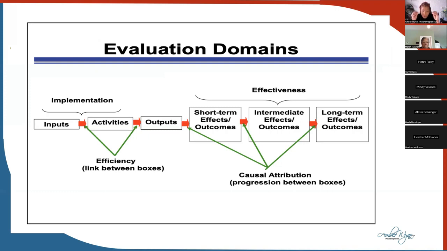And then what should happen, that causal attribution, is that you'll see an increase in services, and then you'll see an increase in whatever that particular thing is in your community. So they're looking for those causal connections, attributions. If this happens, then this happens.